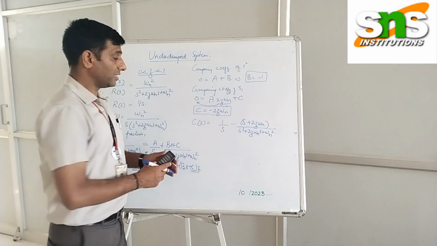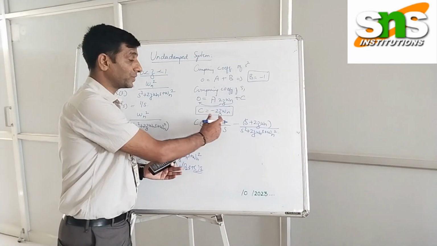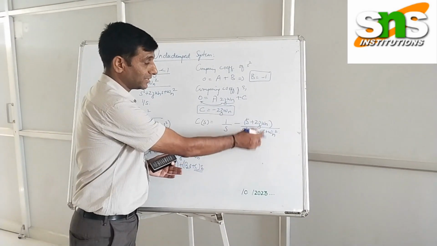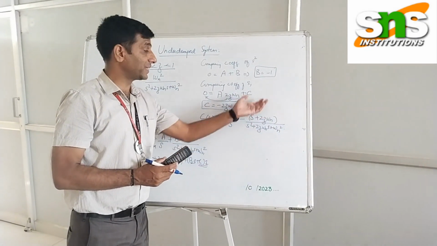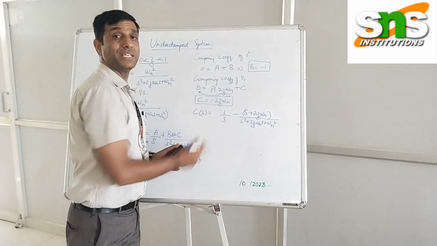Next we have to find the response, so we have to take the Laplace inverse. For this term we cannot directly take the Laplace inverse, so we have to do certain simplification for the second term on the right hand side.